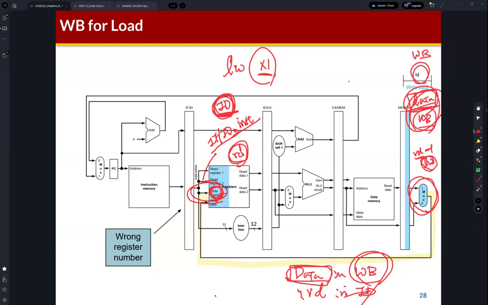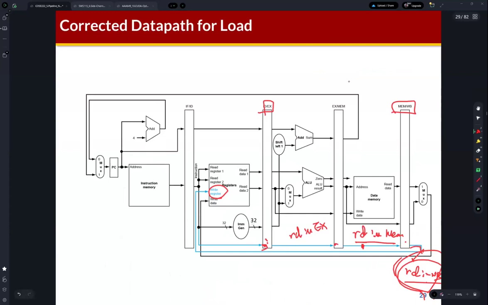So this RD is the RD of a different instruction, not the load instruction in the write back stage. In order to resolve this incorrect connection, we need to provide the RD in the write back stage, right?